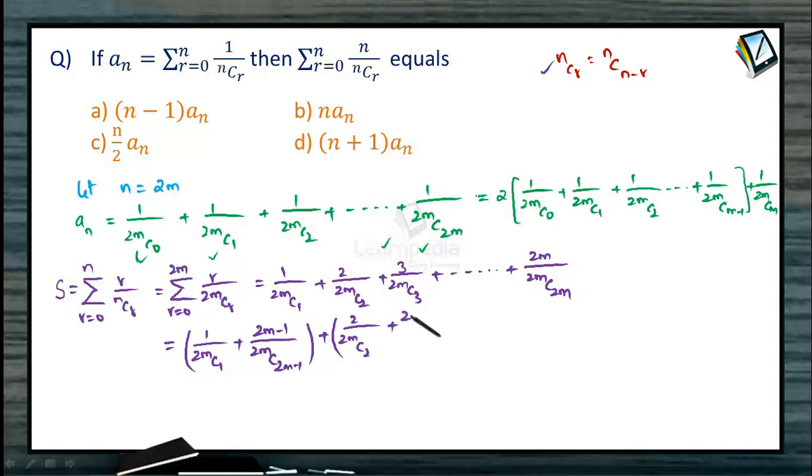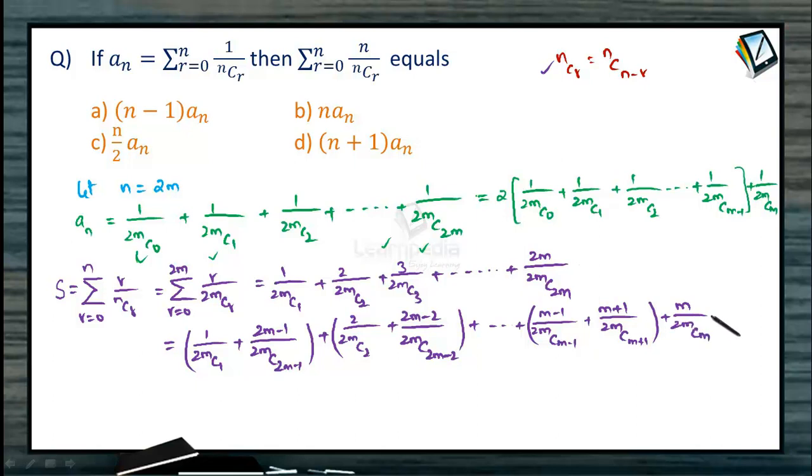Yes, the term with 2m minus 2 by 2mC2m minus 2 pairs up, plus so on up to the term on the left of the middle term, m minus 1 by 2mCm minus 1, pairs up with the term to the right of the middle term, that is m plus 1 by 2mCm plus 1. And which term will not have any pairing up? The middle term, that is m by 2mCm, will be left out. And similarly the last term, because the first pairing started with 2mC1's equivalent binomial coefficient, so the last term, that is 2m by 2mC2m, remains as it is.